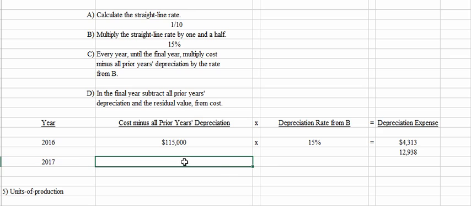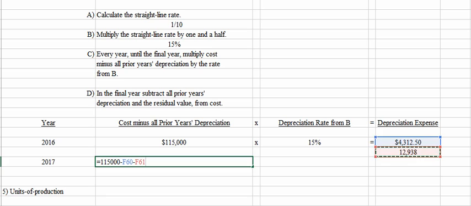Now if I want 2017's depreciation expense, well, what's our cost minus all prior year's depreciation? Well, we've only taken 1 year's worth of depreciation so far. So that's going to be equal to 115,000 minus the depreciation expense we took for the first 3 months and minus the depreciation expense we took for the next 9 months.